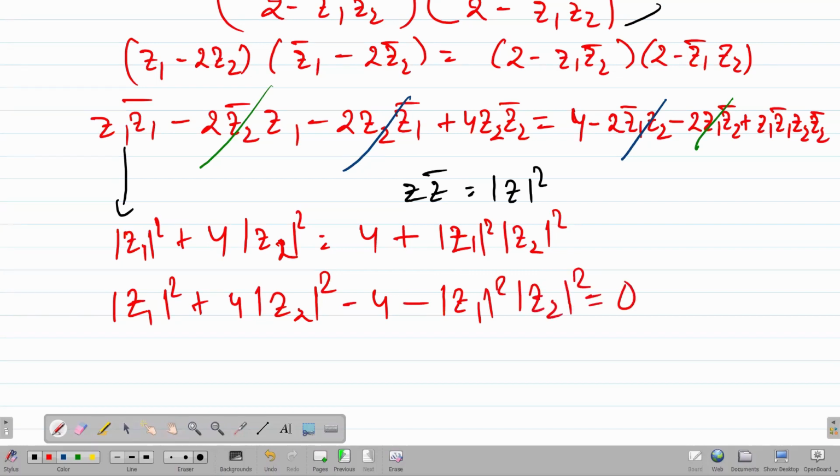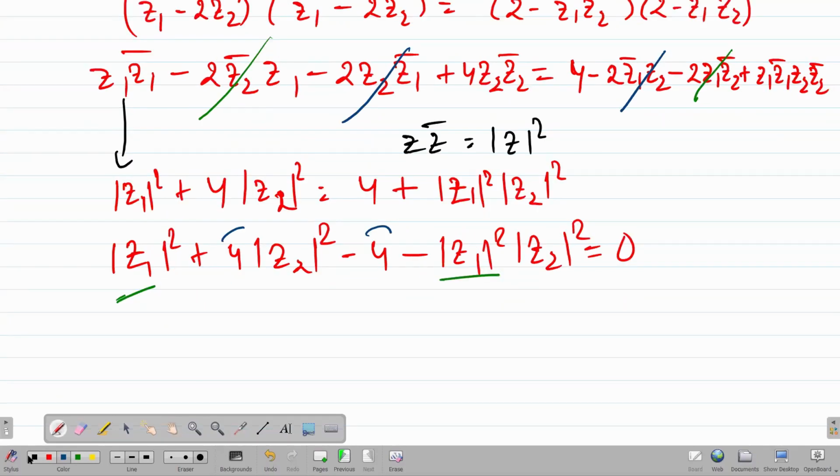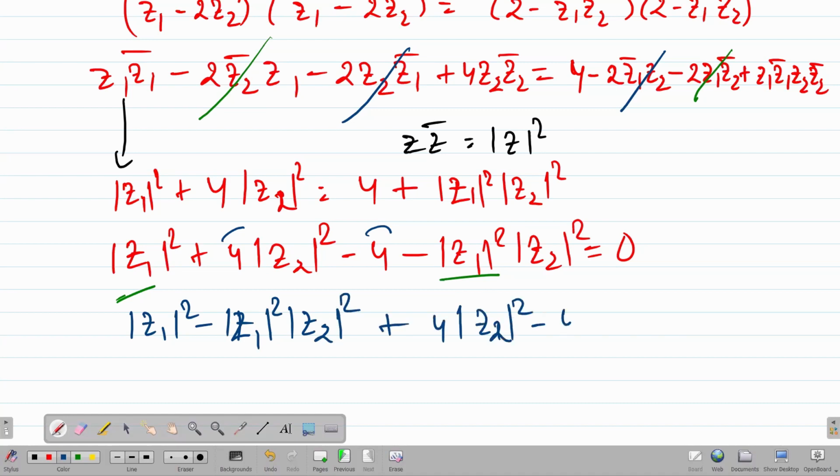Now further I can take mod of z1 square common from these two, and minus 4 I can take common from these two. So I'm just rewriting this: mod of z1 square minus mod z1 square into mod z2 square plus 4 mod of z2 square minus 4. I take mod of z1 square common, so what I get is 1 minus mod of z2 square, and in these two I get minus 4 common.